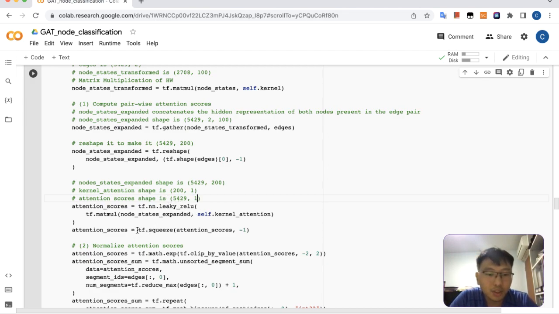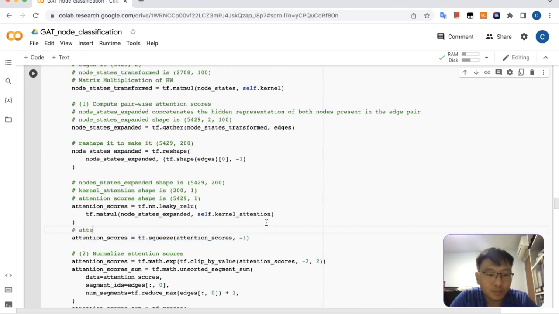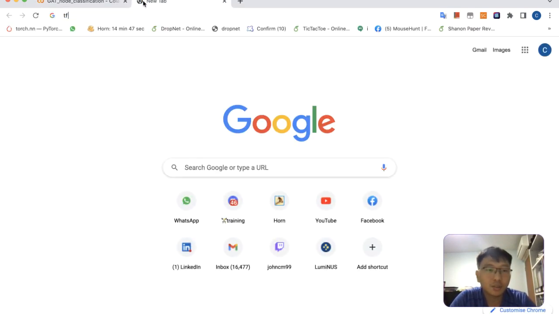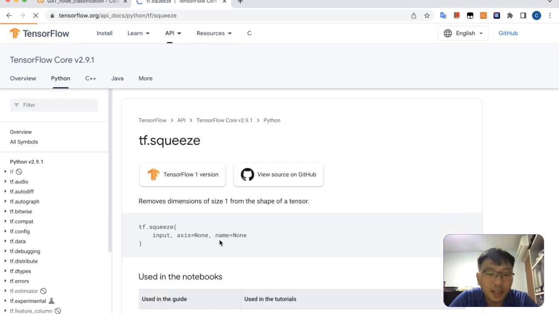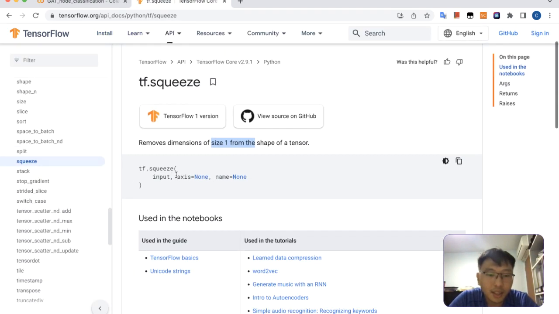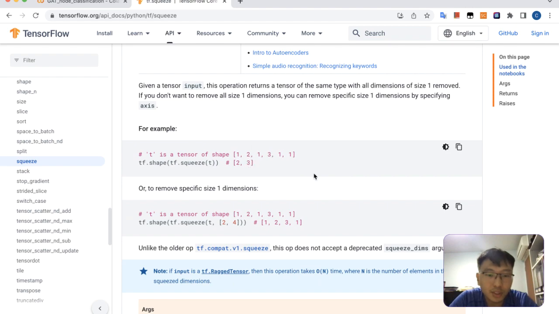And then when we do this squeeze over here, this squeeze should give us 5429, because when we do a squeeze for TensorFlow, it removes the dimension of size 1, and for the axis they put -1, which is the last axis.